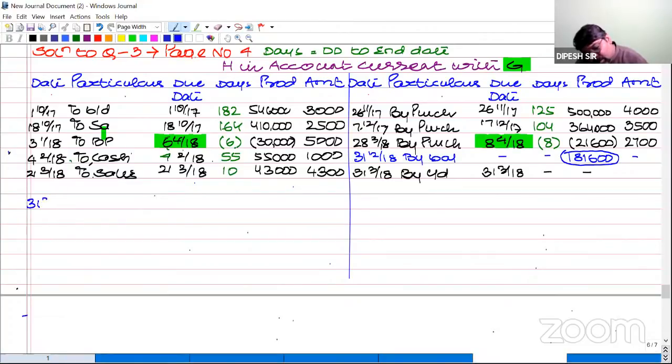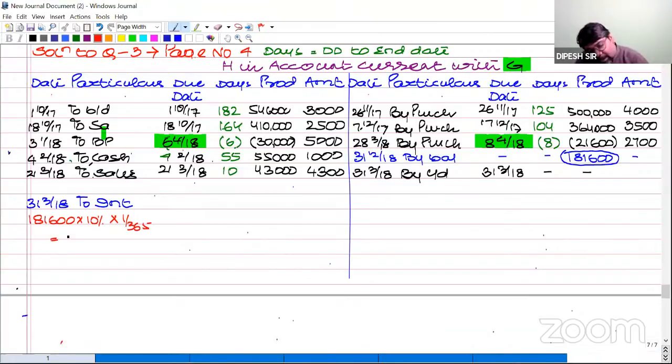So 31st of March 18, to interest. How will we calculate interest? 1,81,600 into rate of interest, 10%, into 1 by 365, divided by 365, that comes to 49.75.